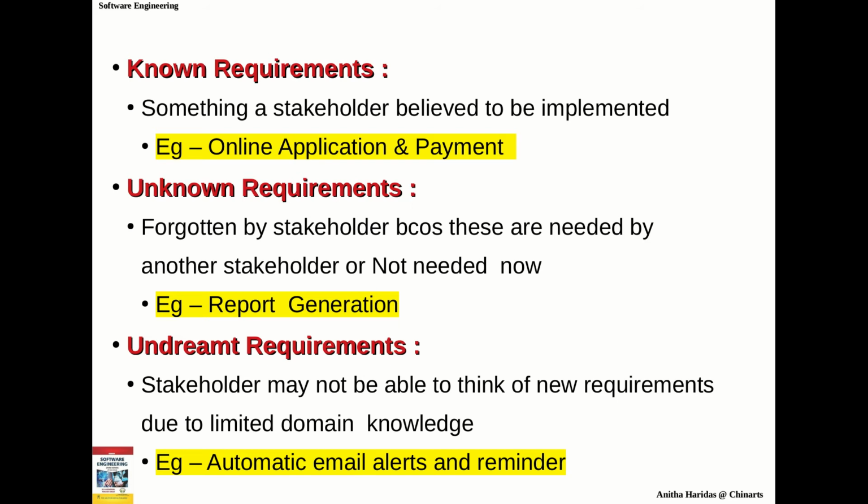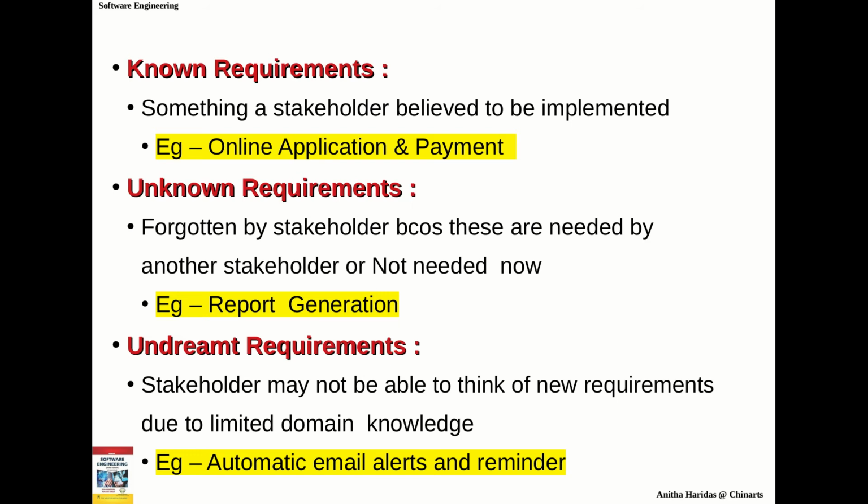For example, the customer of a college management system believes that the online application and online payment can be implemented in a college management system. He knows that this particular process can be automated in a college management system, then it becomes a known requirement.